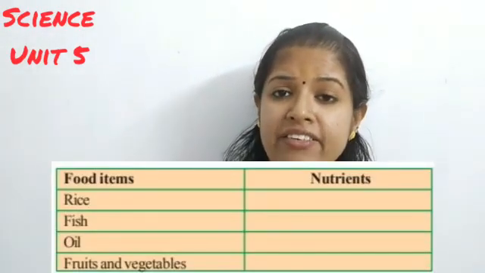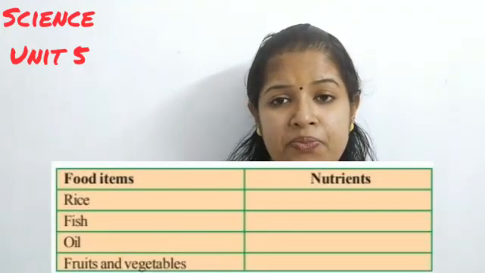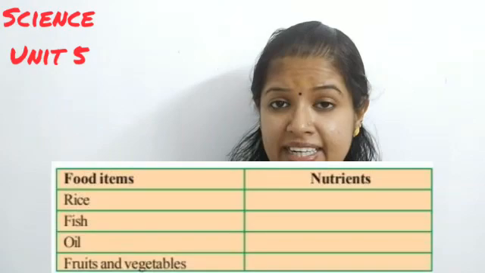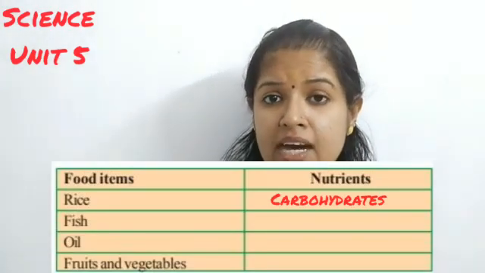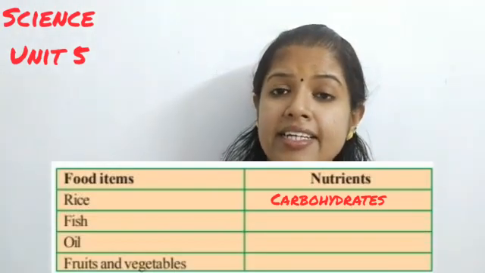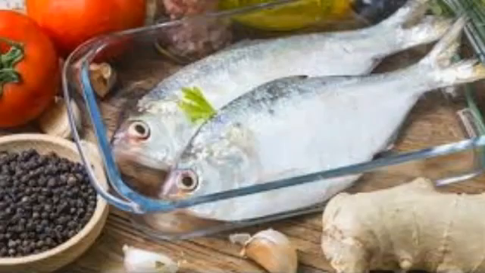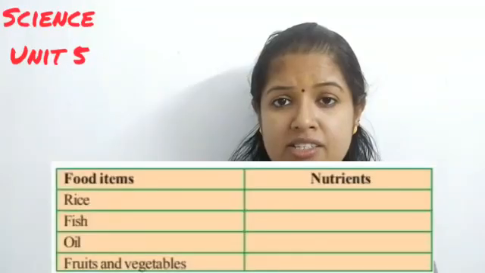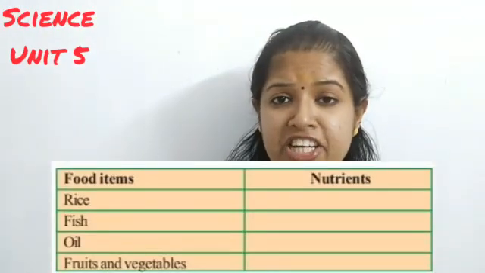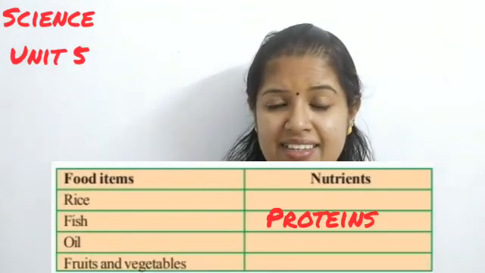So children, in rice, what is the nutrient present? Carbohydrate. So you can write in the box carbohydrate. Then the next picture, yes, it's the fish. So what nutrient is present in the fish? Proteins.